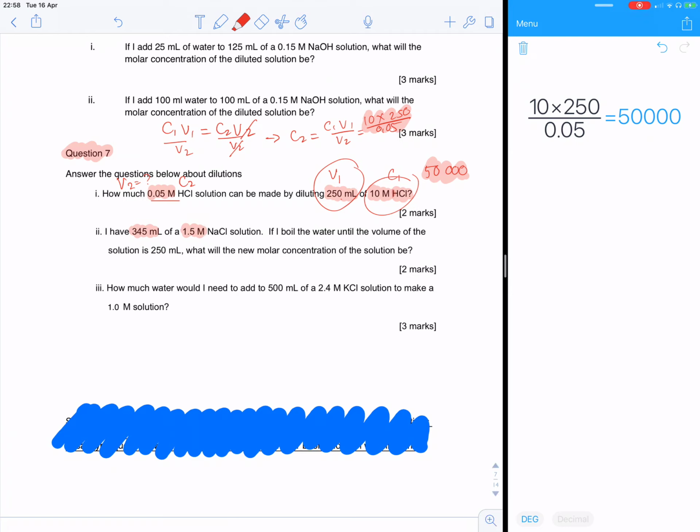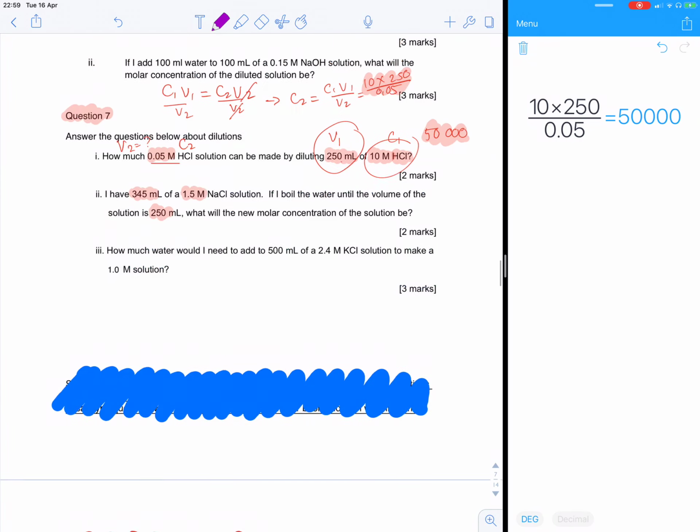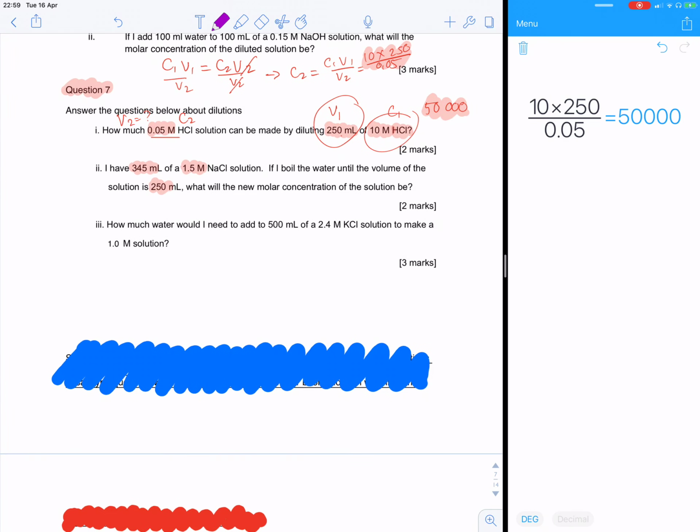If I boil the water until the volume is 250 mL, that means V2 equals 250 mL. So V1 equals 345 mL, and if that's V1, then C1 equals 1.5 molar. So what would be the new concentration? That's C2.